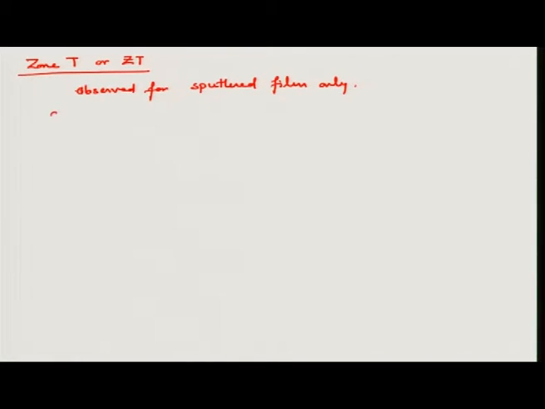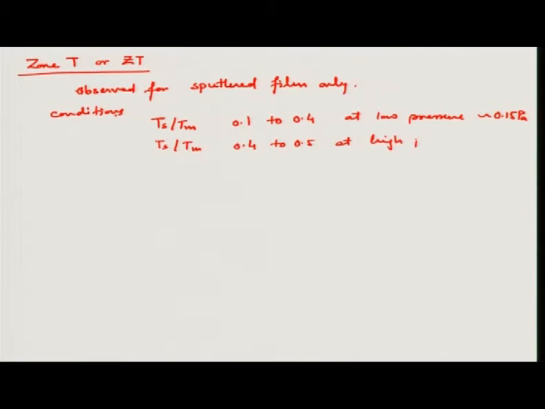The conditions for this zone are Ts over Tm between 0.1 to 0.4 at low pressure, around 0.15 Pascal, and Ts over Tm between 0.4 to 0.5 at high pressure, around 4 to 5 Pascal.